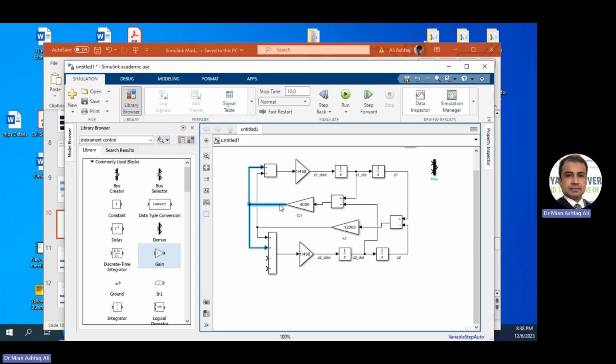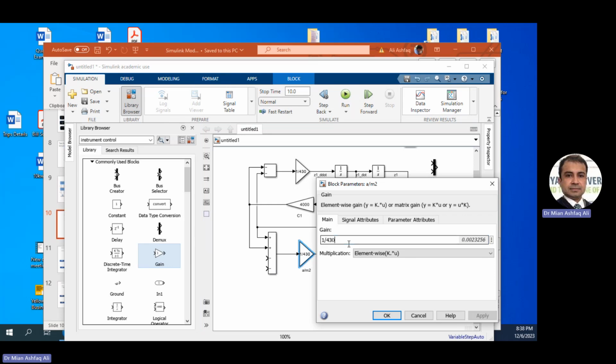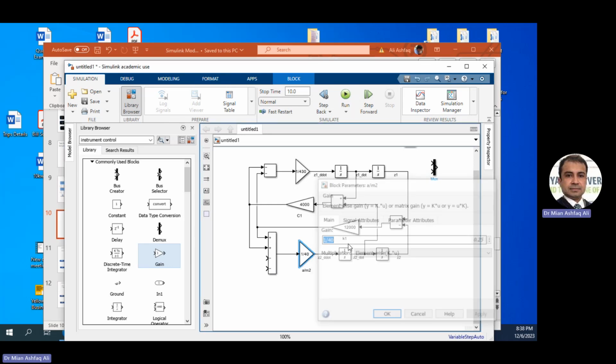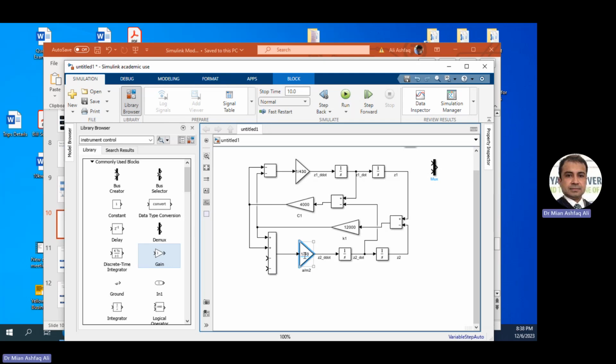So those two forces have different signs for M1 and for M2. And this should be 1 divided by M2, where M2 is 40. So I need to change this value to 40. So this is M2.